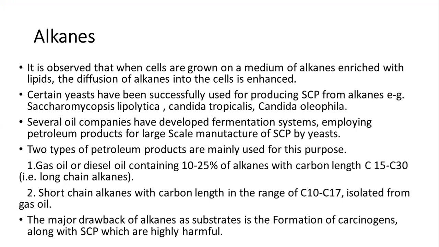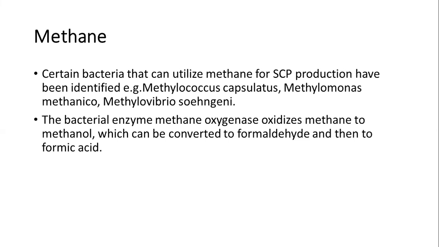A drawback of using alkane as a substrate is the formation of carcinogens with SCP, which are harmful. Next is methane. Some bacteria use methane for production of SCP, for example, Methylococcus capsulatus and Methylomonas methanica. The bacterial enzyme methane monooxygenase converts methane to methanol, and formaldehyde to formic acid.